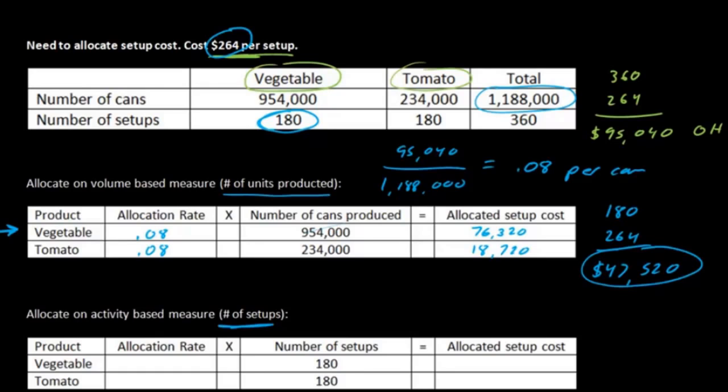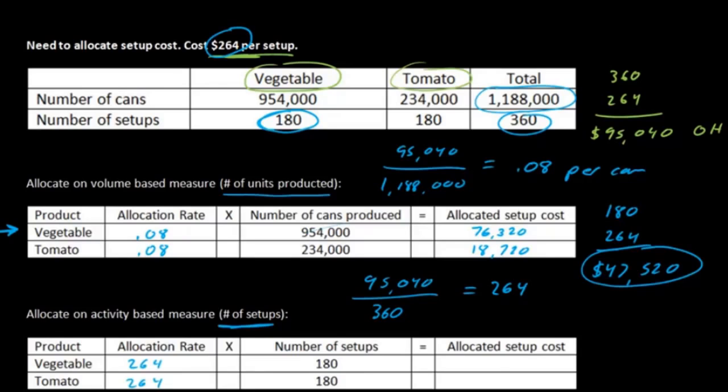And we know the allocation rate for setups is just $264 per setup. You can also figure that out by taking the 95,040 overhead cost that we want to allocate divided by the number of setups, which is 360, and you get the 264 per setup. So our allocation rate is 264.